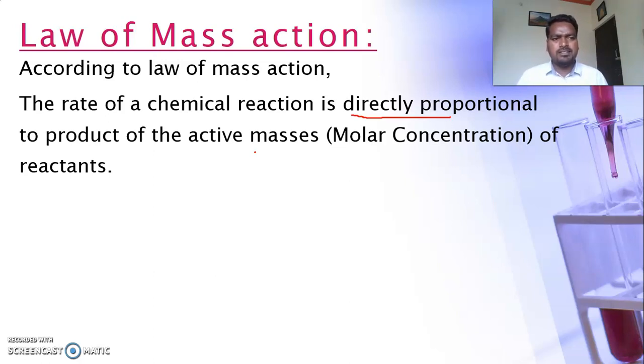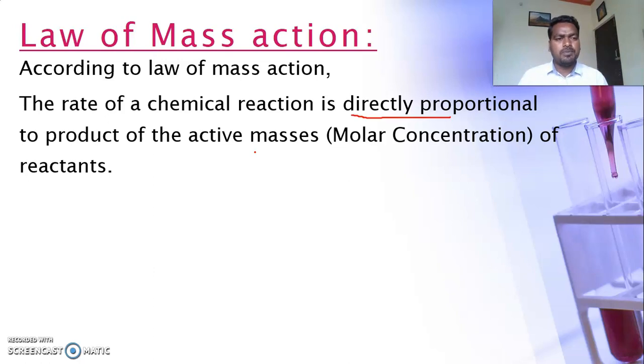So in the previous class I gave an example of a reaction between calcium carbonate and HCl. There take two test tubes, and in one test tube take 0.5 gram, and in another test tube take 1 gram. To the first test tube add 2 ml of dilute sulfuric acid, and to the second one add 5 ml of sulfuric acid.